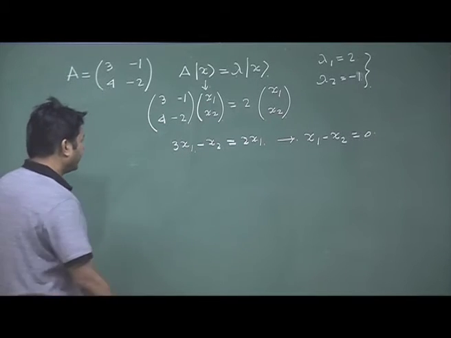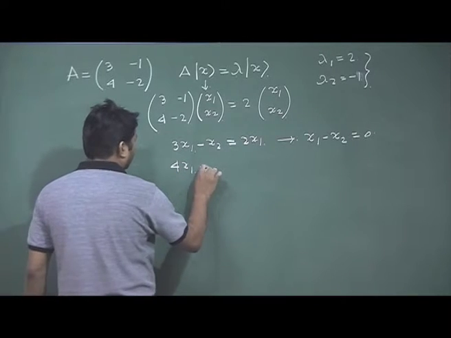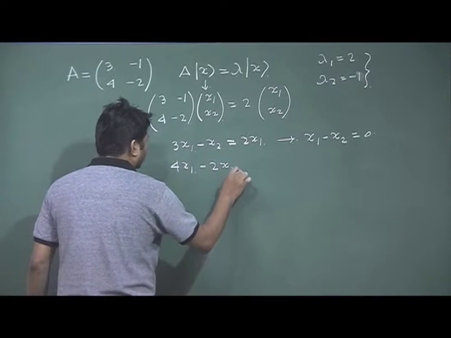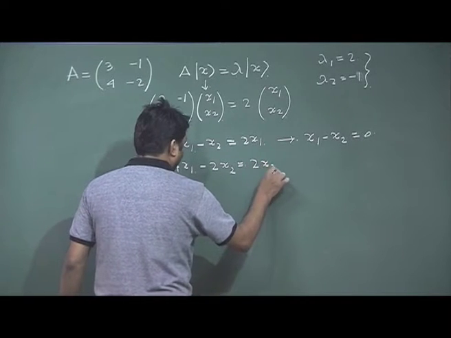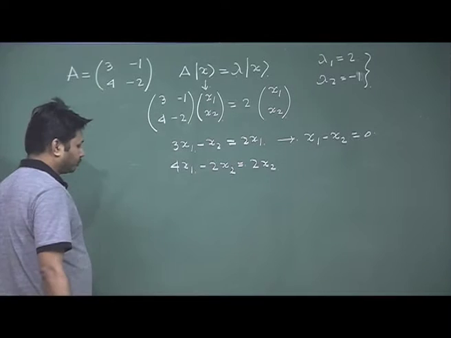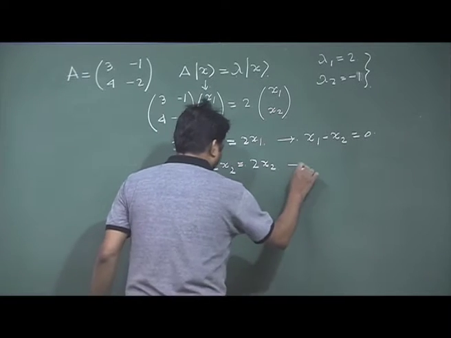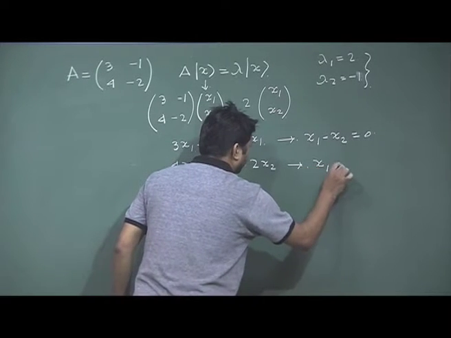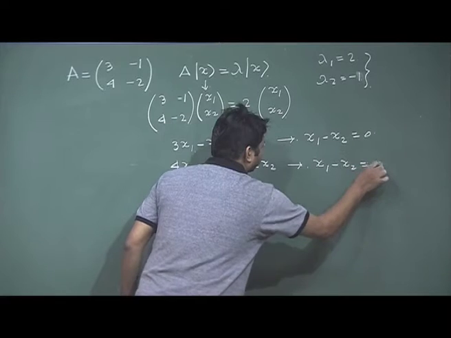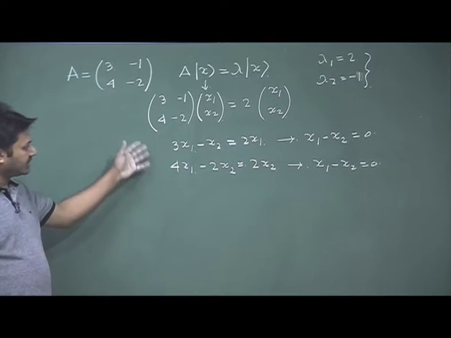What about the second equation? 4x1 minus 2x2 is equal to 2x2. If I put it here and take 4 common, I will get the same equation back, x1 minus x2, nothing new. Two equations I get, but the two equations are the same.